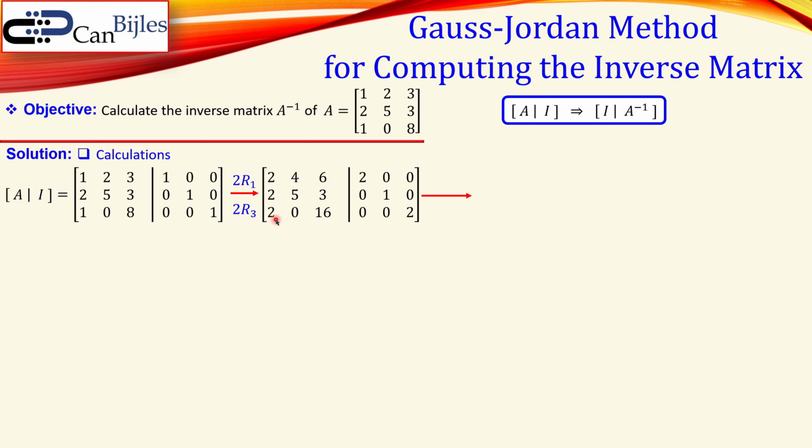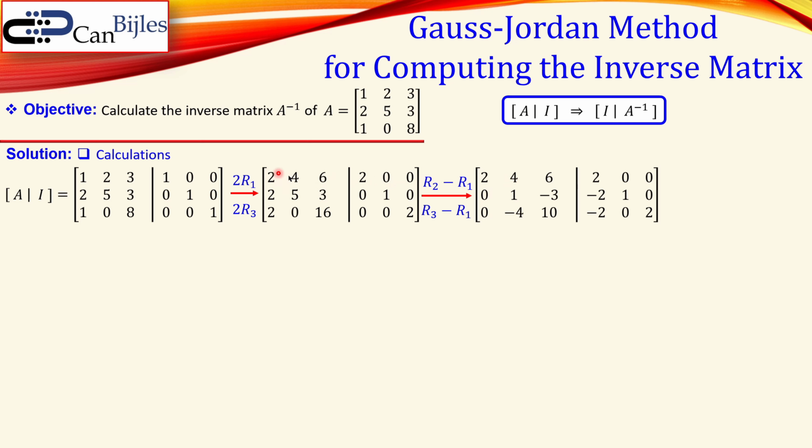Then we can do row 3 minus row 1 and row 2 minus row 1. Why? Then we have this 0, that is 0. So these are the two operations I do one by one. That means row 1 will stay the same. So I take that first, copy that, and I will do this first.